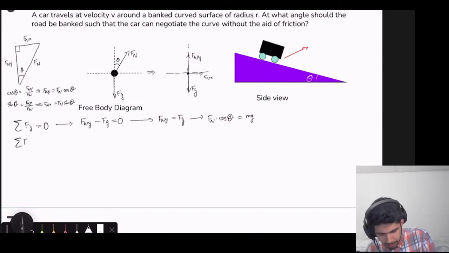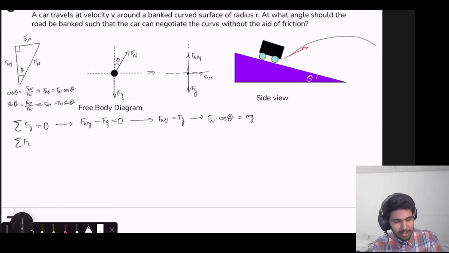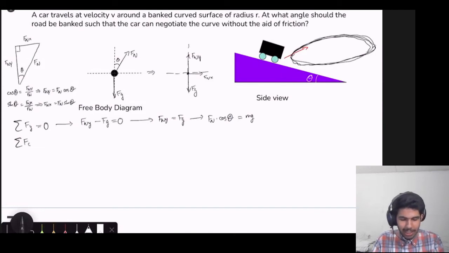So now we'll sum the forces centripetally, because we're traveling in a circle. And which force is providing that circular motion? Well, that's Fnx. We can imagine that the path that the car is tracing out is a horizontal circle. That's a pretty bad drawing. But it's going around this track in a horizontal circle, and which force is pointing in that direction?